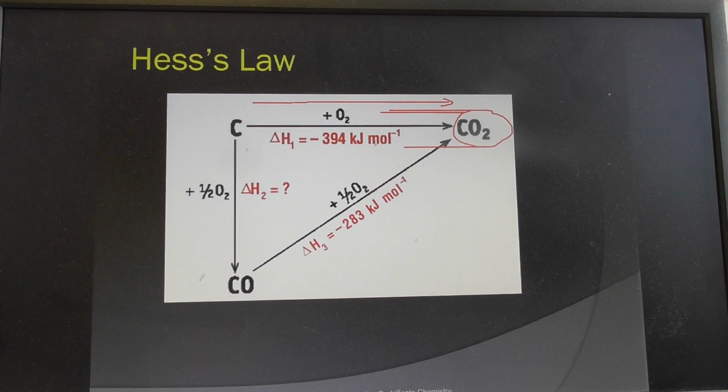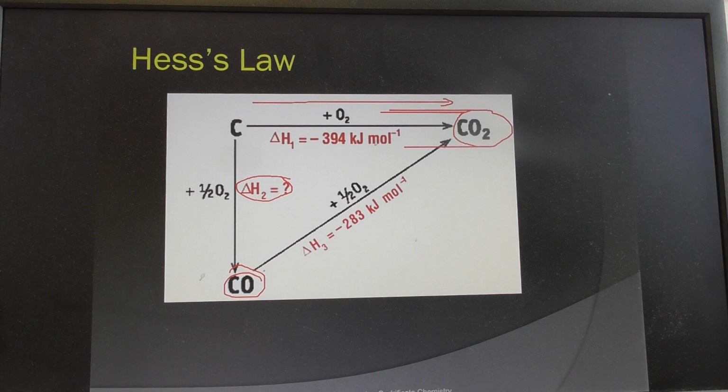Now there is another way you can form carbon dioxide from carbon, and that's if you burn it in deprived oxygen. You can make carbon monoxide down here. Now, let's say we don't know what heat is given out. We may assume it's given out as a combustion reaction.